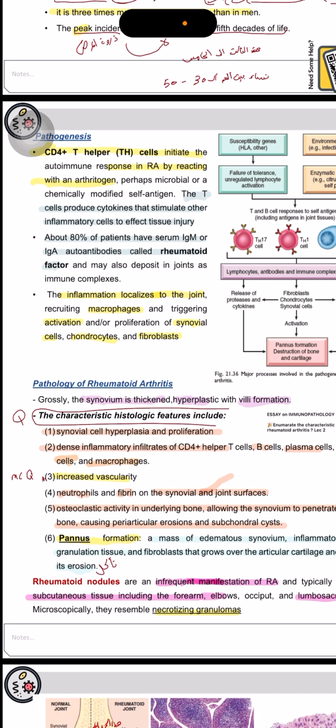Pathology of rheumatoid arthritis: the synovium is thickened and hyperplastic with villi formation. The characteristic histologic features include synovial cell hyperplasia and proliferation. Under the microscope, we see hyperplasia and proliferation of fibroblasts, chondrocytes, or synovial cells.